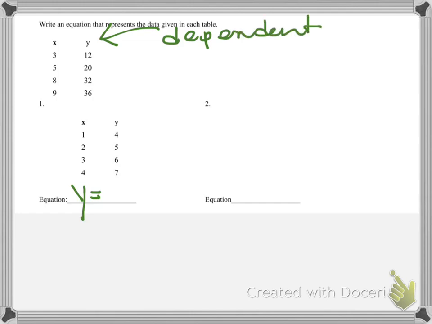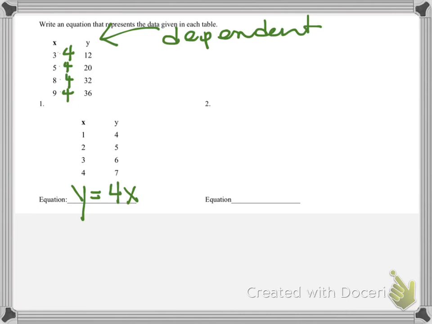So the dependent variable is my y. So it's definitely y is equal to something. And then I noticed that if I just multiply by 4, 3 times 4 is 12, 5 times 4 is 20, 8 times 4 is 32, 9 times 4 is 36. So if I just multiply my x value by 4, I get the y value. So y is equal to 4 times x.